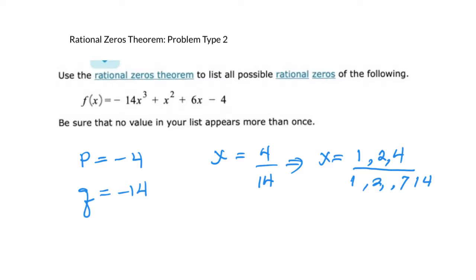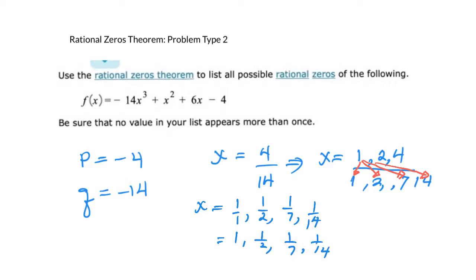So I'm going to take 1 over 1, 1 over 2, 1 over 7, and 1 over 14. So x can equal 1 over 1, 1 over 2, 1 over 7, and 1 over 14. We can simplify 1 over 1 to just equal 1. And again, I'll add in the plus or minus at the end.